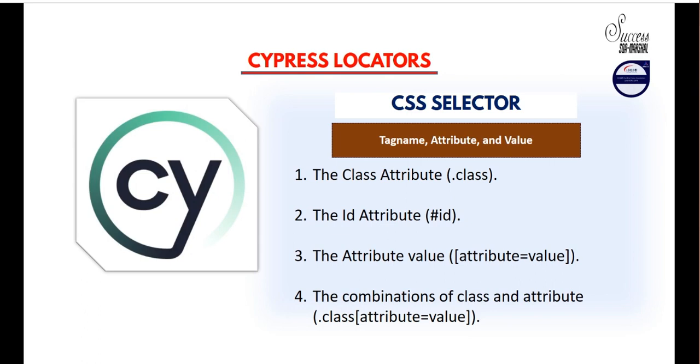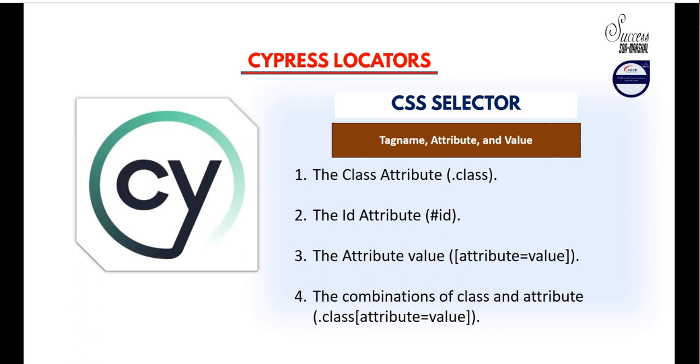Now, when you are making use of a class, you make use of dot, then the class name, the class value. When you are making use of ID, you make use of the hash symbol, then the ID value.